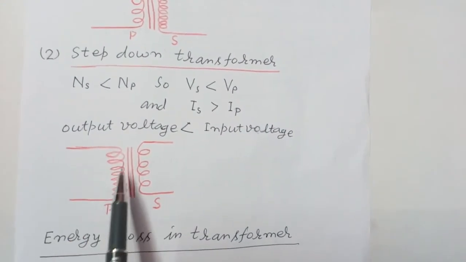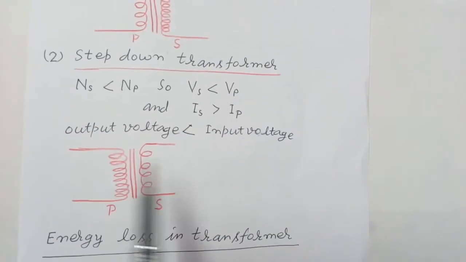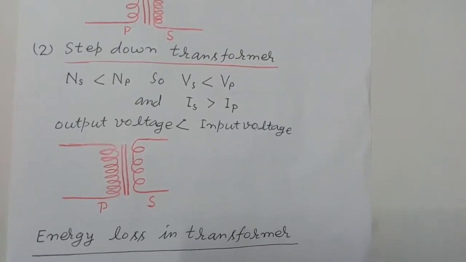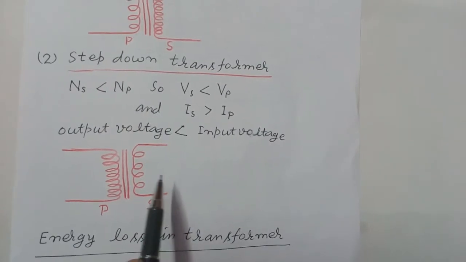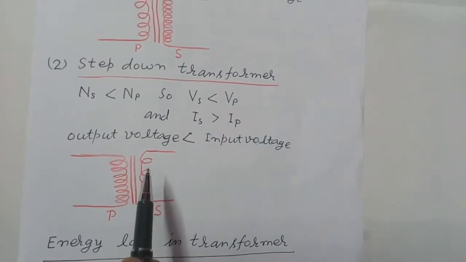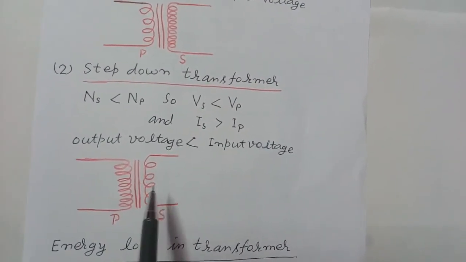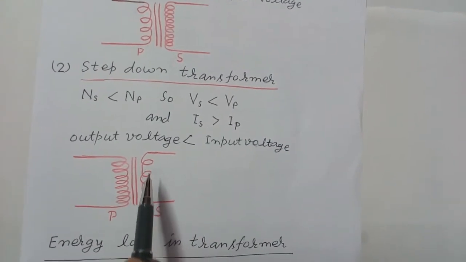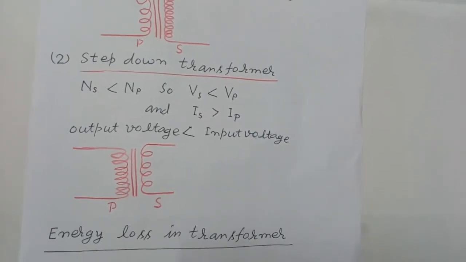So in this step down transformer, the primary coil has windings of thin insulated copper wire, and the number of turns in the primary is more than the number of turns in the secondary. The secondary has winding of thick copper wire, and the number of turns in the secondary is less compared to the primary.